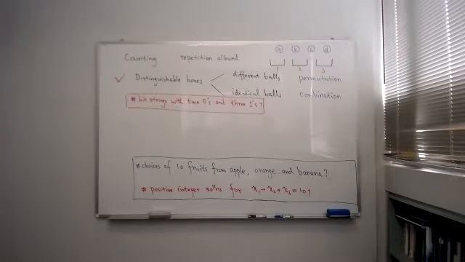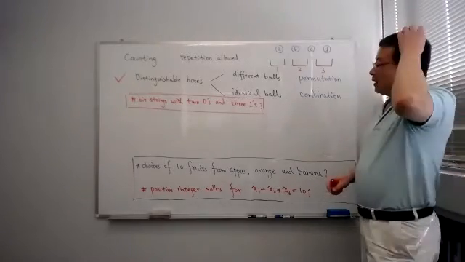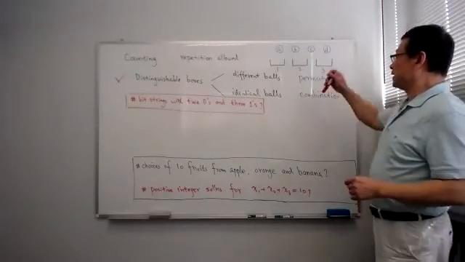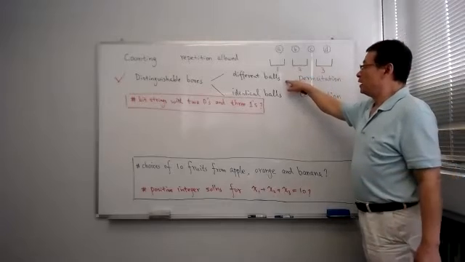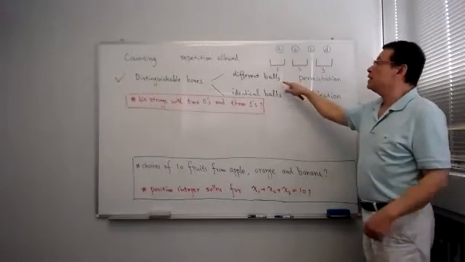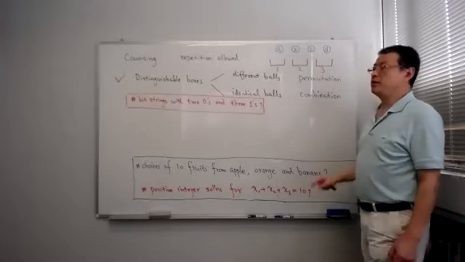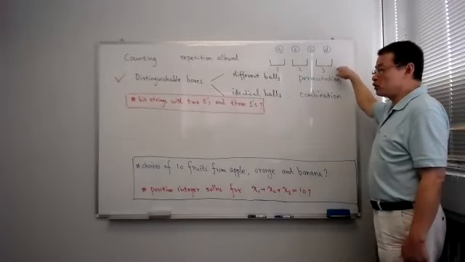All right, so let's consider the first case first, when balls are different. The balls are labeled A, B, C, D. Let's look at this particular situation.